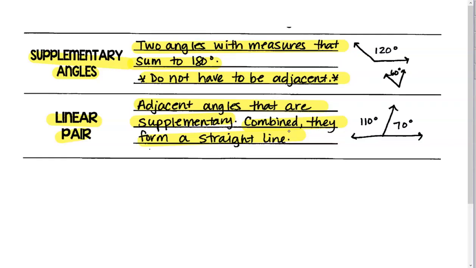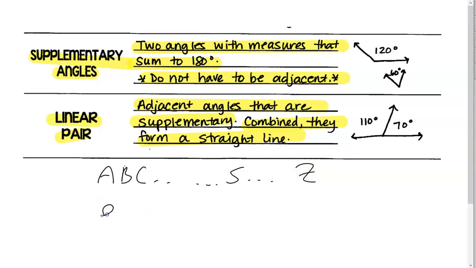Now, I can easily understand why we would get confused and forget that complementary is 90 and supplementary is 180. The way I always remembered it was when we look at the alphabet, you have A, B, C, all the way to S to Z. And then you have a number line.